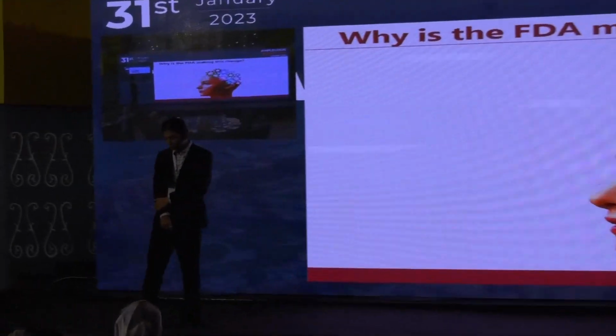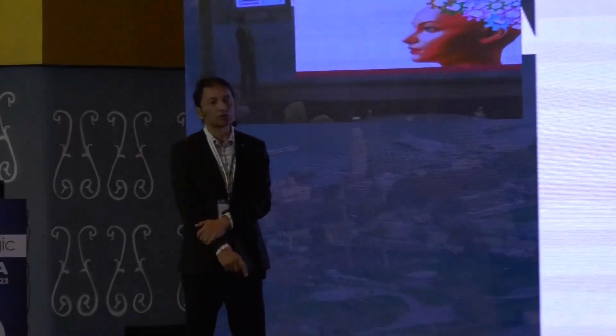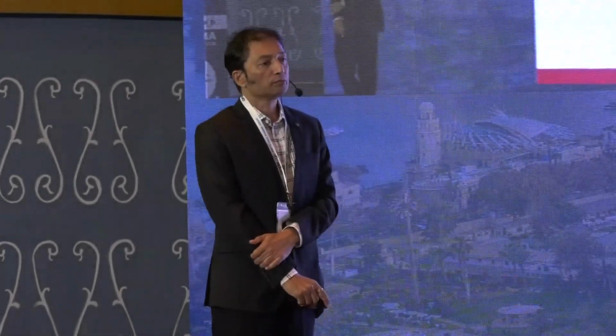Okay, now why is FDA making this change? Because they already have a guidance for validation, then why assurance? So the first point is putting the right quality product to the market.